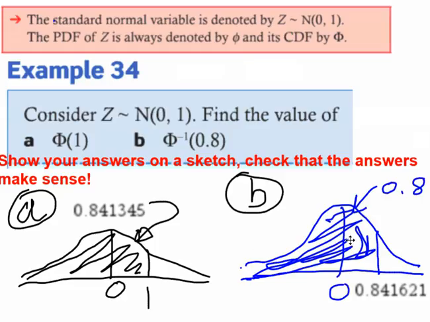On the other hand, phi inverse of 0.8 means what is the Z value here that we would go to accumulate an area of 0.8, and the answer is 0.841621. And that kind of makes sense because that's less than 1.